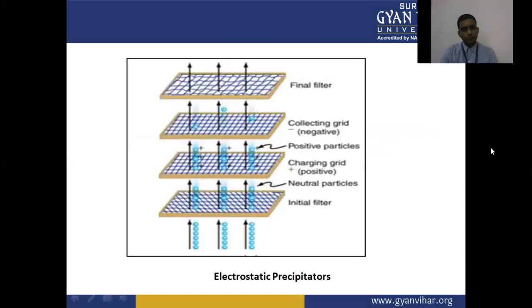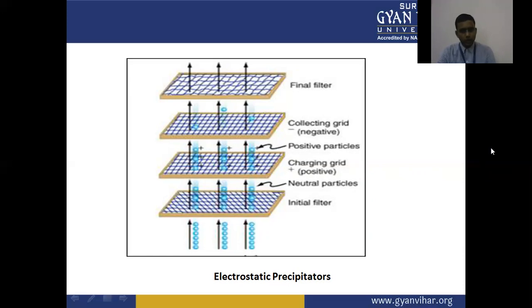This is the picture of the electrostatic precipitators. Precipitators will attract the opposite charges. So here we have an initial filter and neutral particles. Then we have positive charging grids, and we have negative charging grids.